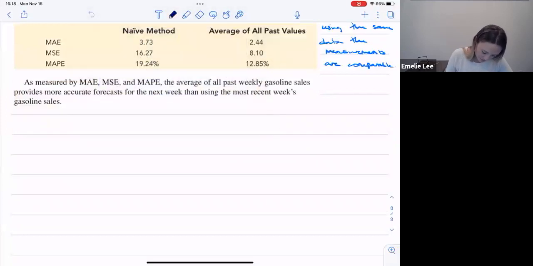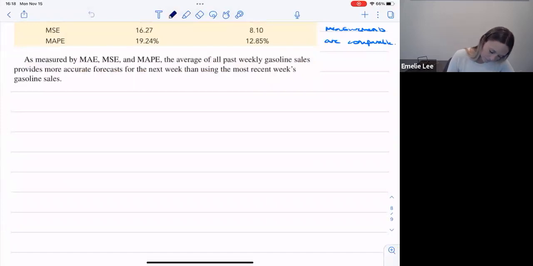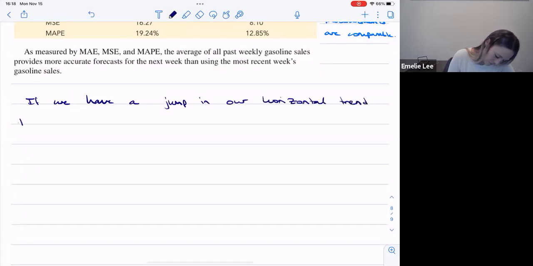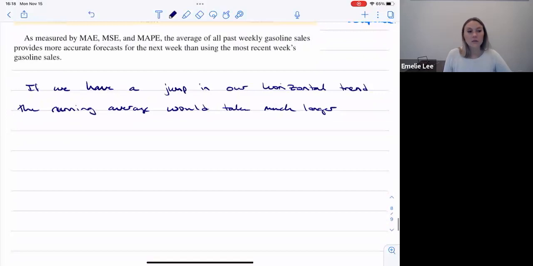Maybe I'll write that down before I bring this in here. If we have a jump in our horizontal trend, the running average would take much longer to reflect the new horizontal trend than the naive forecast would.